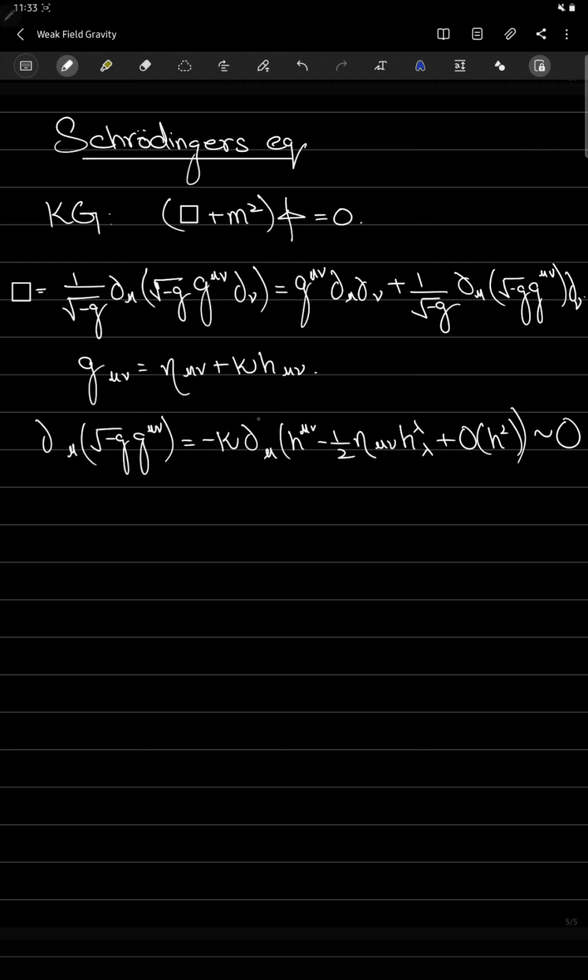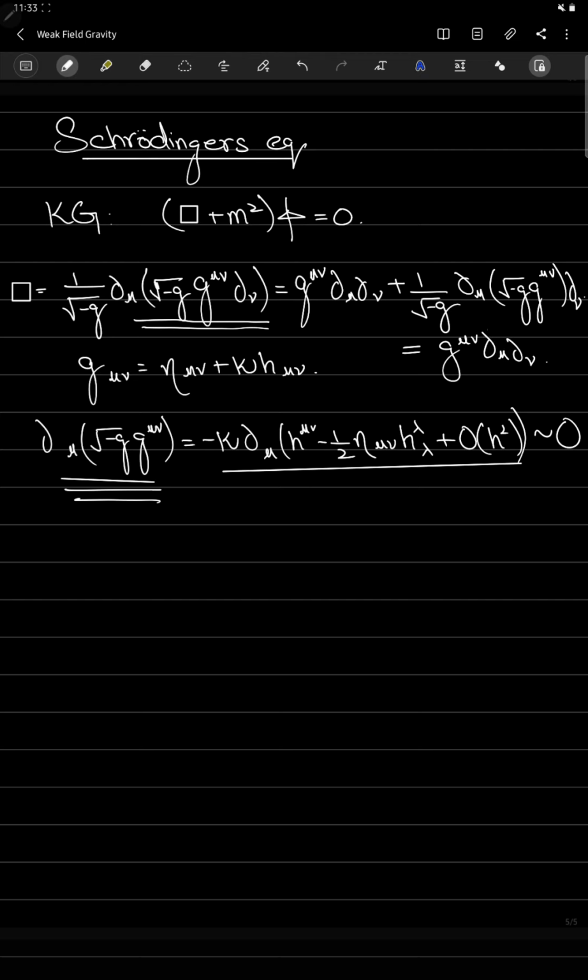Now if I look at this thing, this term vanishes, and so what I can do is write this whole equation as g^{mu nu} partial mu partial nu, right?